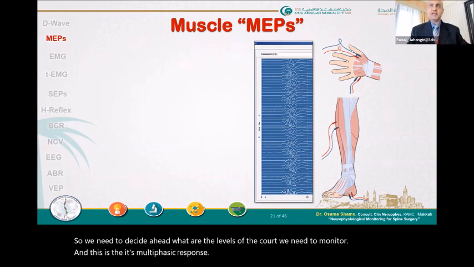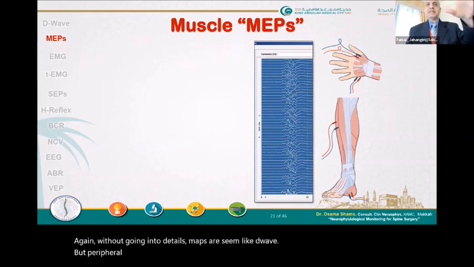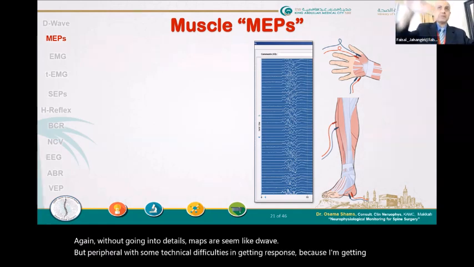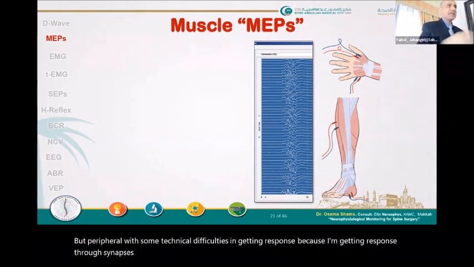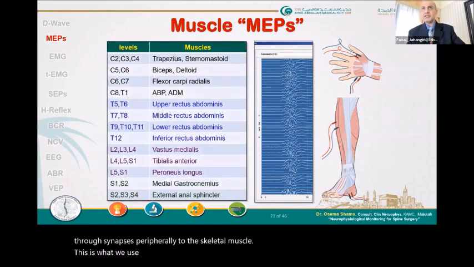Again, without going into details, MAPs are like the D-wave but peripheral, with some technical difficulties in getting a response because I'm getting the response through synapses peripherally to the skeletal muscle. This is what we use to put our needles according to the myotome level.